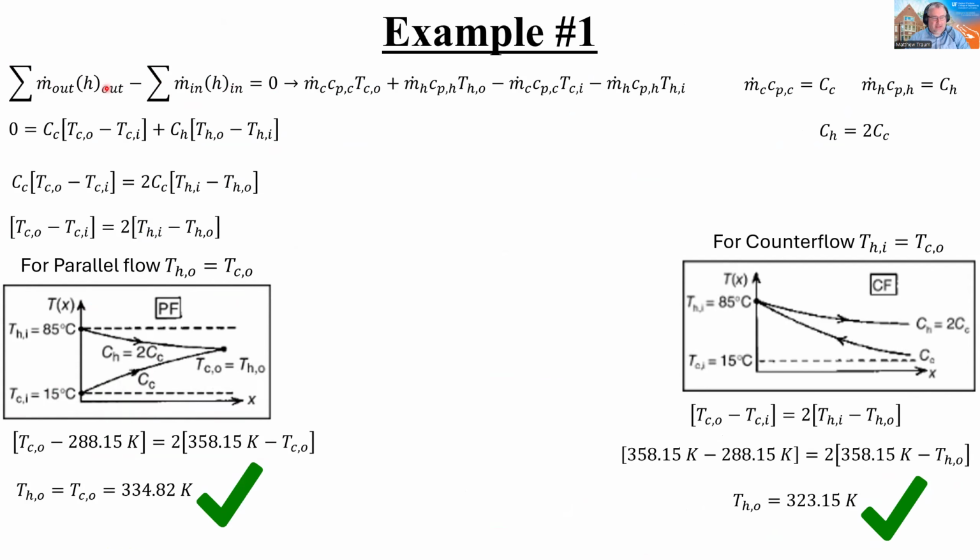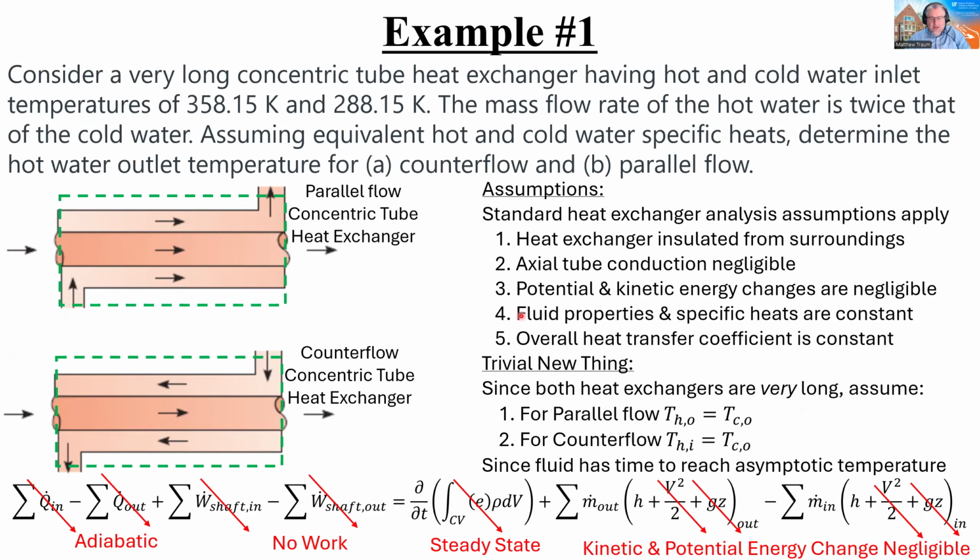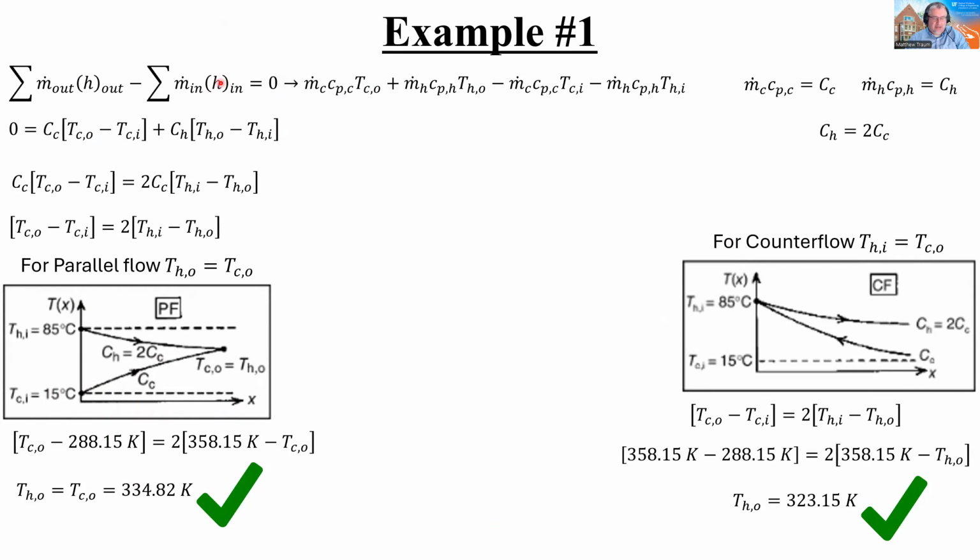And if I break this down, remembering that fluid properties and specific heats are constant, h is equal to just Cp T if Cp is constant. And so I can convert this into this. So I've got m dot times Cp for the cold stream times T for the cold outlet, m dot times Cp for the hot stream times temperature for the hot stream outlet.